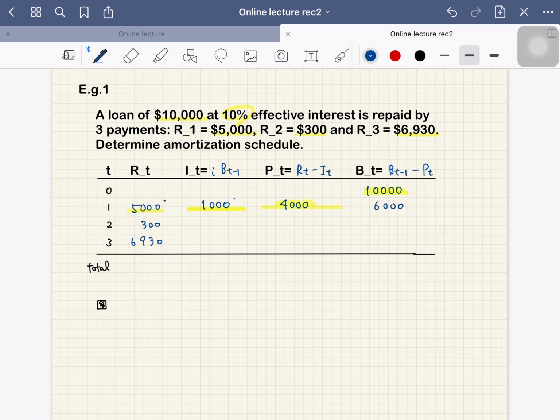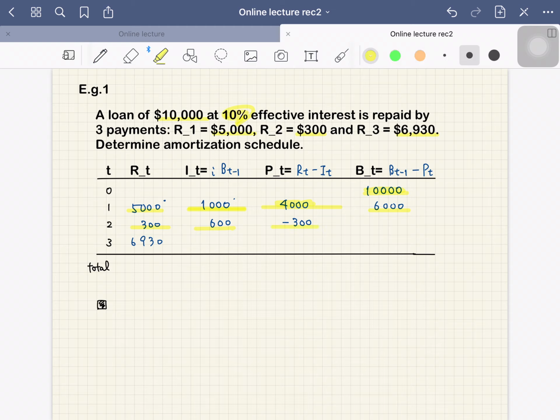Okay, so we repeat this to identify other quantities. $6,000 at 10%, so interest is $600. So total payment is $300, but the interest is $600. So actually the principal increases. So principal repaid is negative $300.